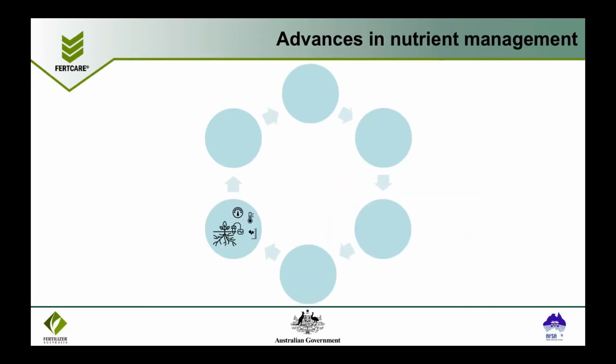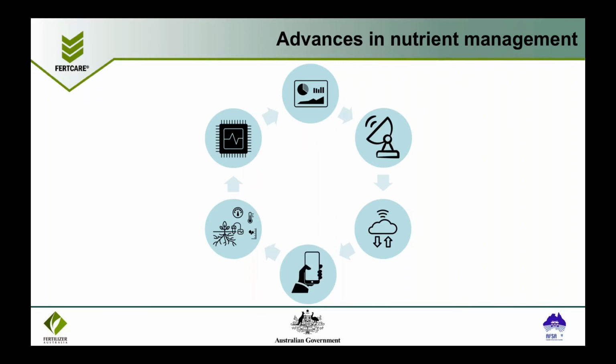In terms of nutrient management and where it's going, increasingly we're seeing things like sensors being deployed, embedded chips. We're seeing dashboards of information being beamed to the cloud, and information readily accessible on your mobile phone.